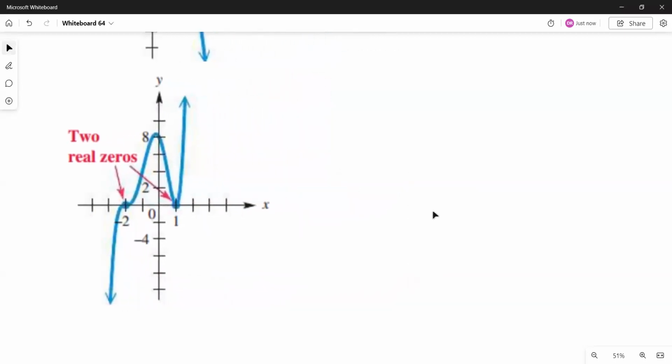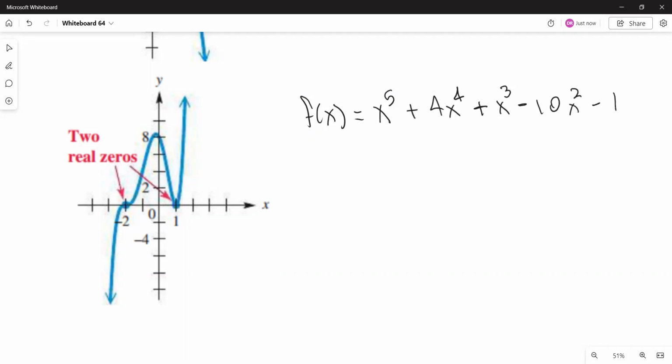Okay, the formula for this function is f of x equal to, in general form, x to the fifth plus 4x to the fourth plus x cubed minus 10x squared minus 4x plus 8.